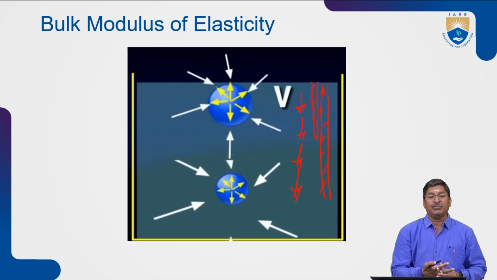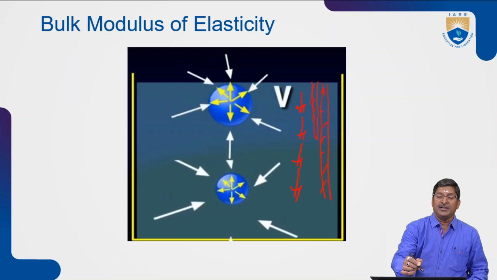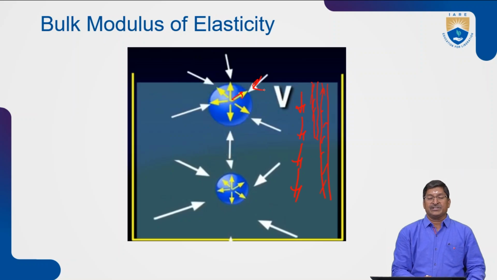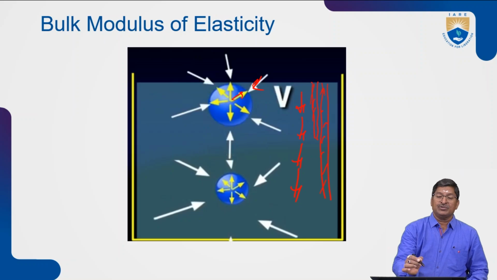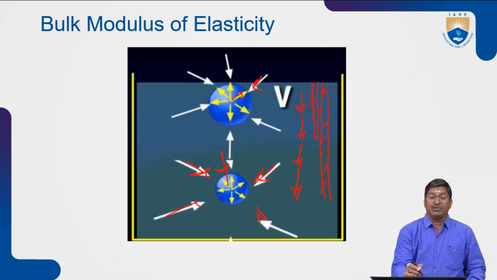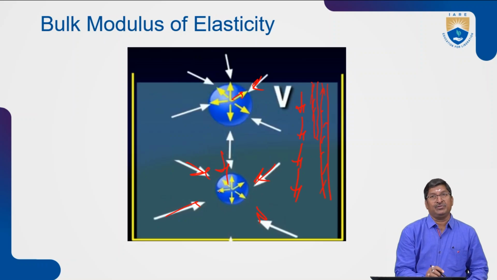So here, the internal pressure and external pressure are the same. Beyond that, if we increase external pressure more and more by keeping it deeper into the water, what will happen? The volume will be reduced.